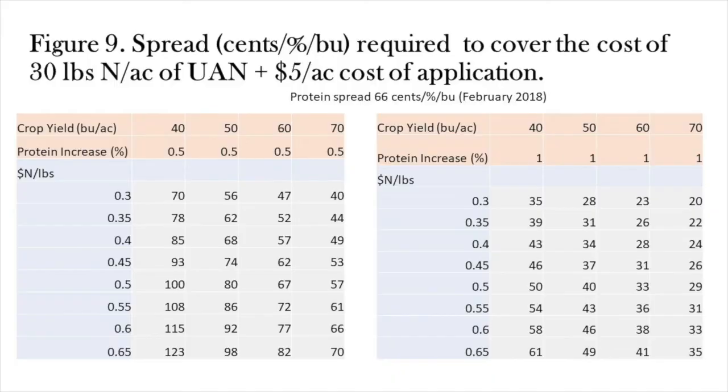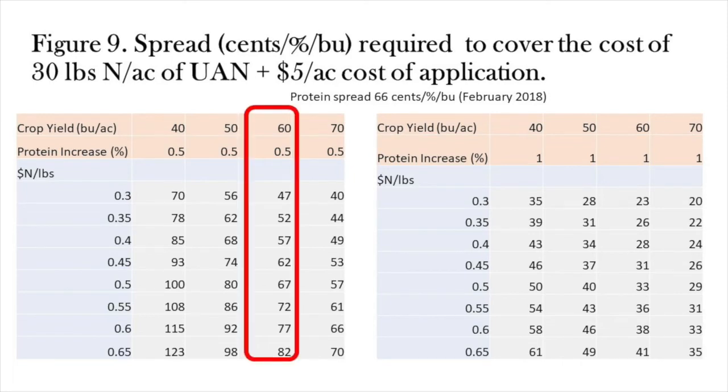So how is this working out economically? Okay, these 2 tables help to answer that question. The tables are based on assuming a protein spread in the market of 66 cents for every % per bushel. Let's say we have a wheat crop that's 60 bushels, and we got a 0.5% increase in protein from putting 30 pounds of nitrogen down late in the season.